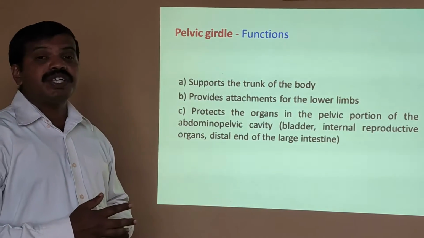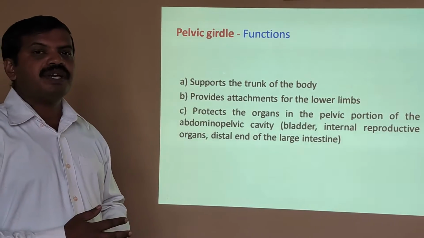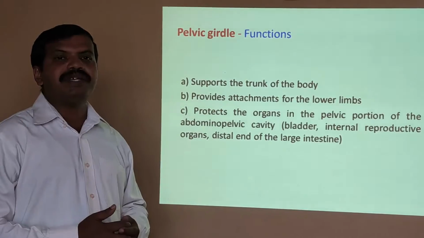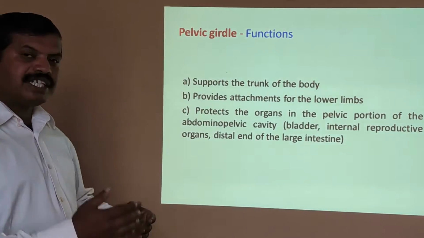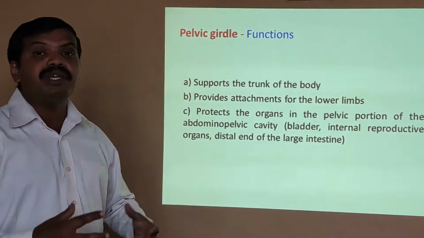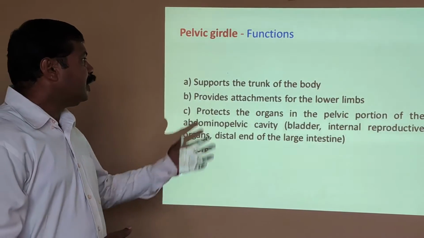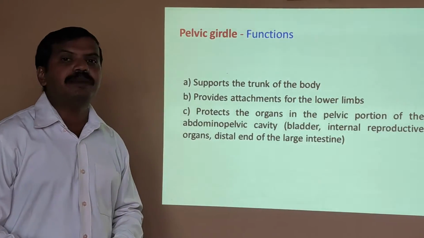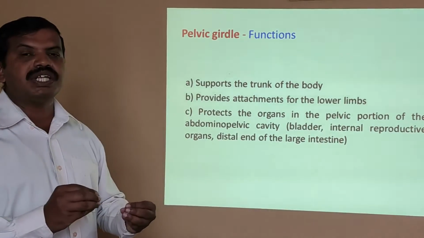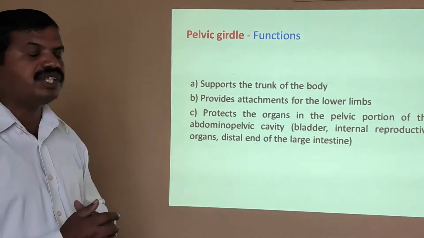What is the function? Today's topic is the comparative account of the pelvic girdle in amphibia, Aves and also mammals. As far as the function of the pelvic girdle is concerned, since it is present at the posterior end of the body, it supports the trunk of the body, the abdominal cavity, and the visceral organs of the body. It provides attachment for the lower limbs, that too the hind limb bones, and it is where the appendicular skeleton attaches to, or is in continuation with, the axial skeleton.